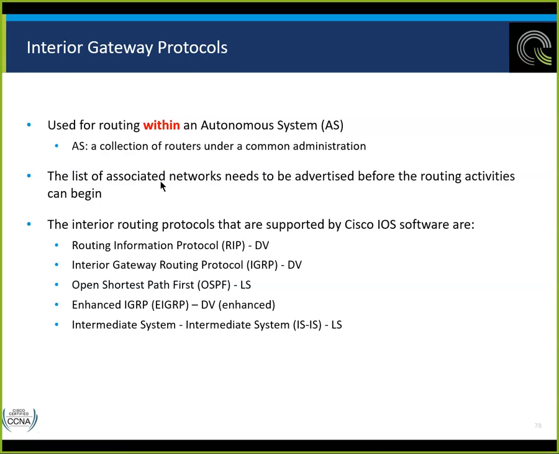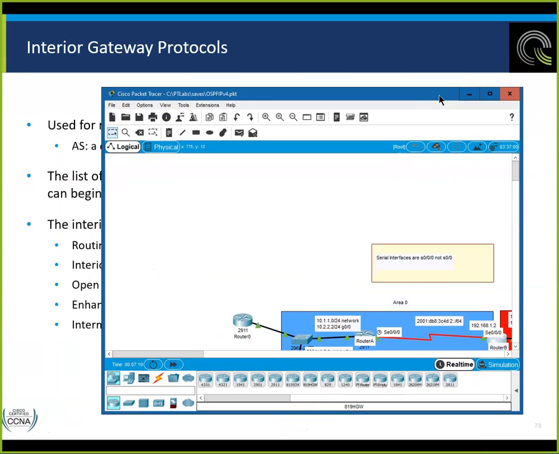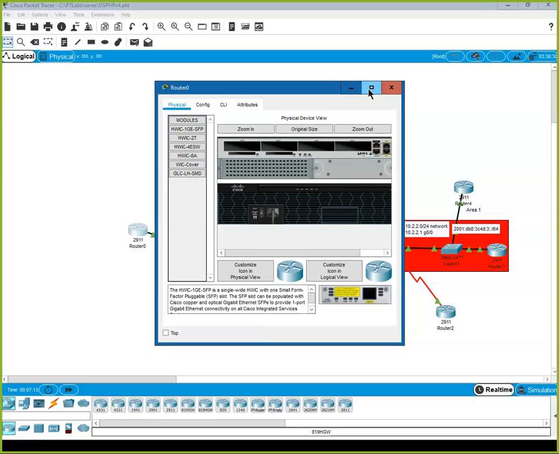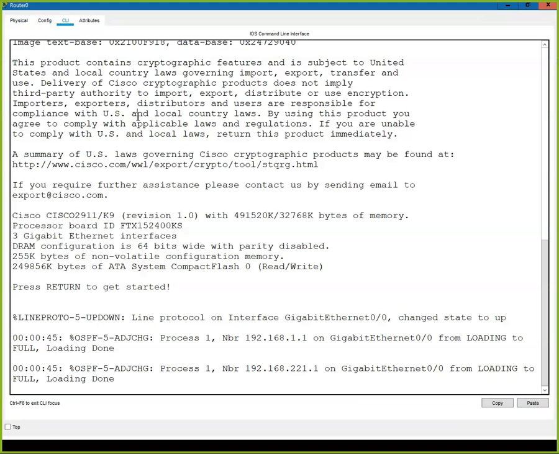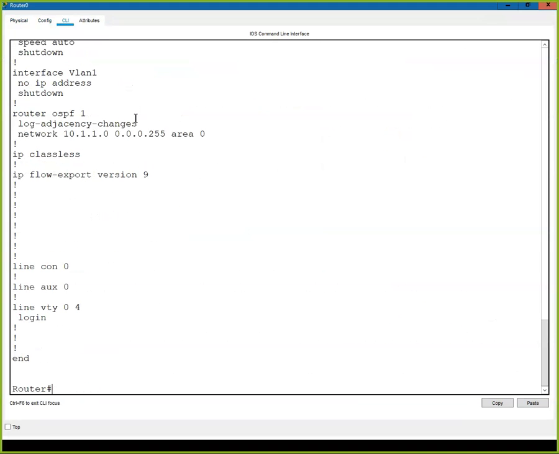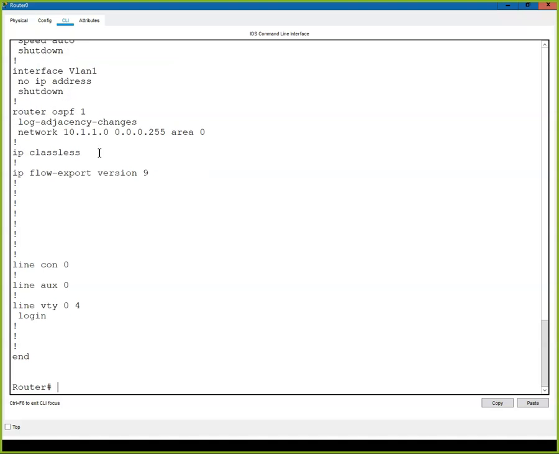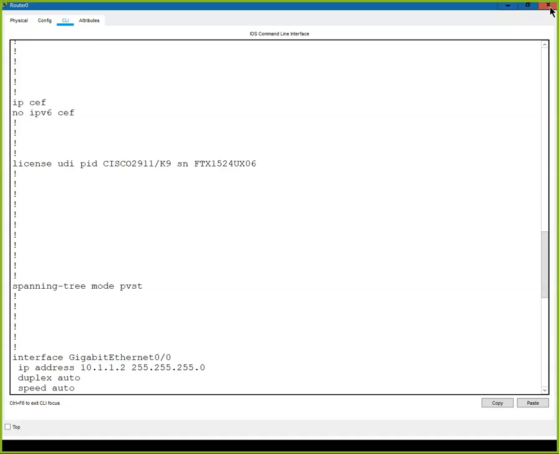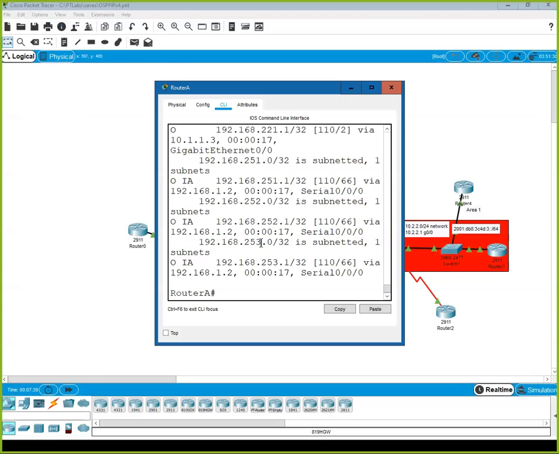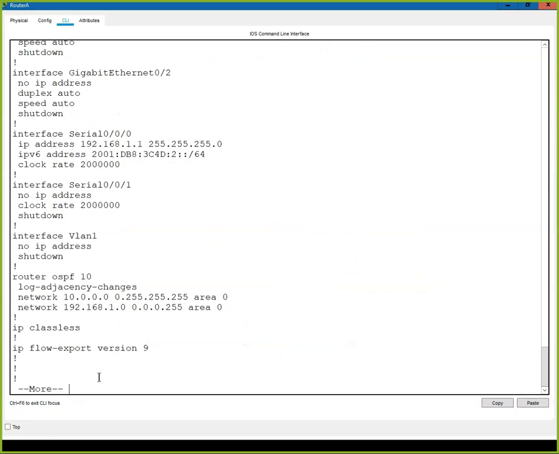When it says the list of associated networks needs to be advertised before the routing activities can begin, it means that when I go to one of these routers and look at the configuration, show run, I have a network statement. Let's pick a different router.